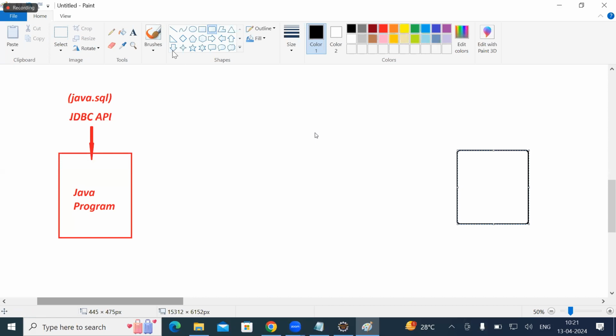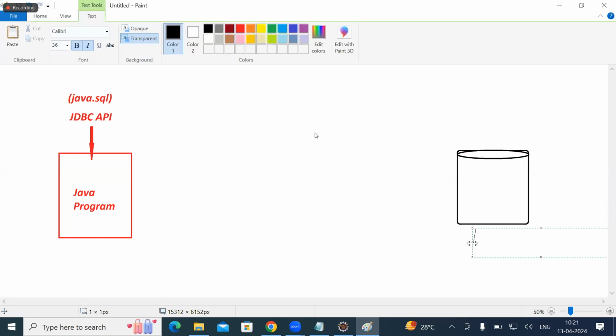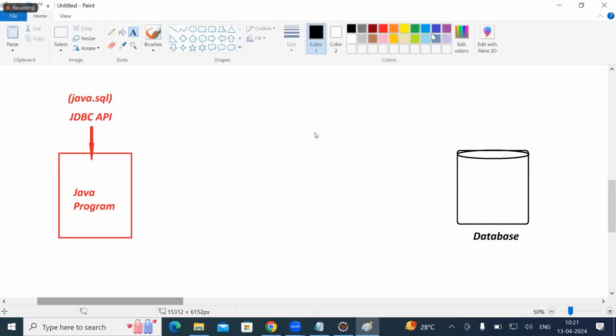Anyway, the database product. Same. Sir, one client computer here.